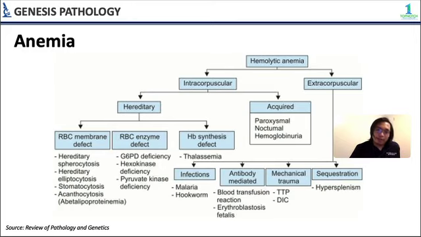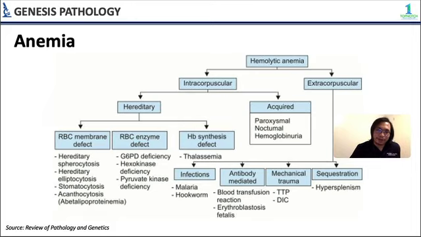Extracorpuscular infections, just like your malaria and hookworm. We have no problem with the red blood cell per se, but the infection entered it. Usually malaria. I never heard of hookworm infection causing your anemia. But malaria really. Other infections, Babesia microti can cause your hemolytic anemia. Antibody-mediated, right?